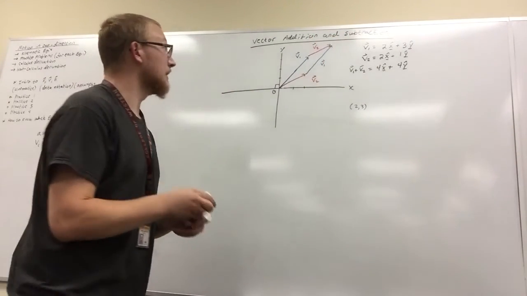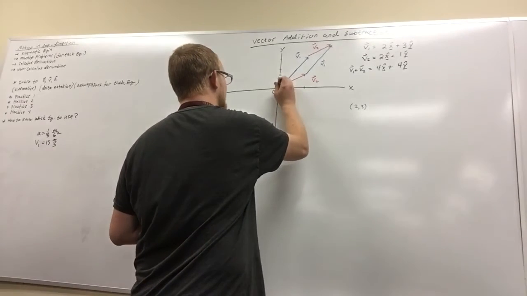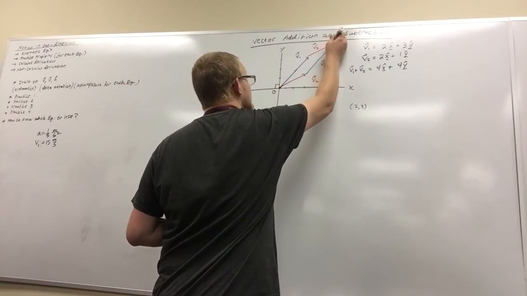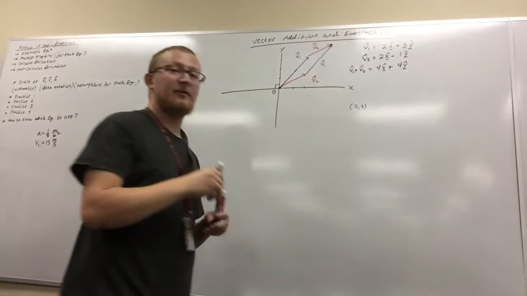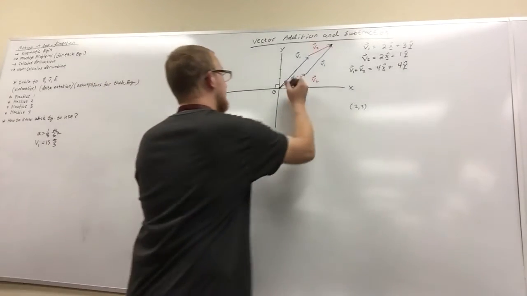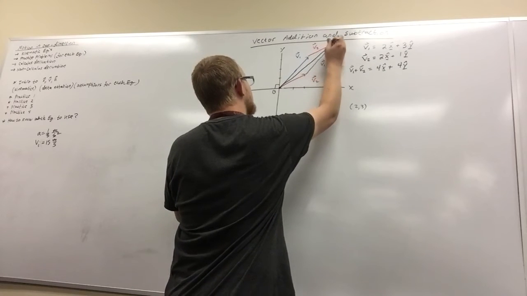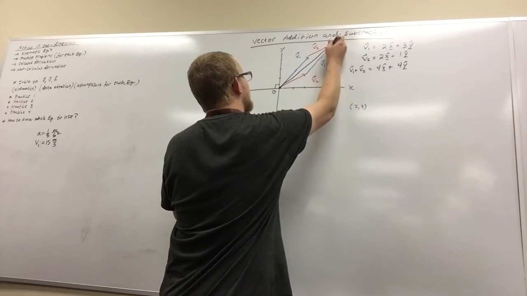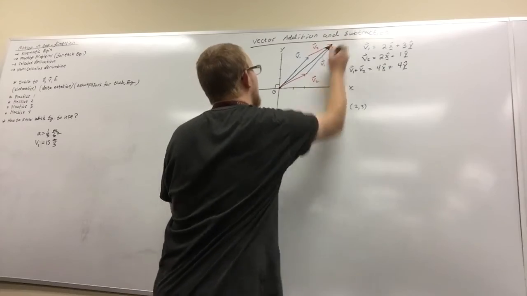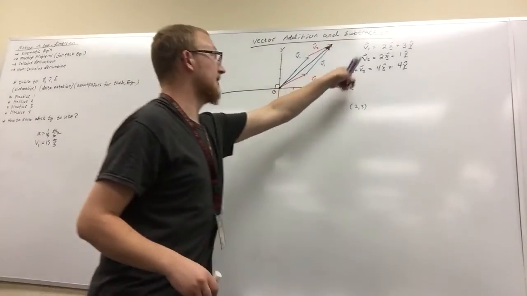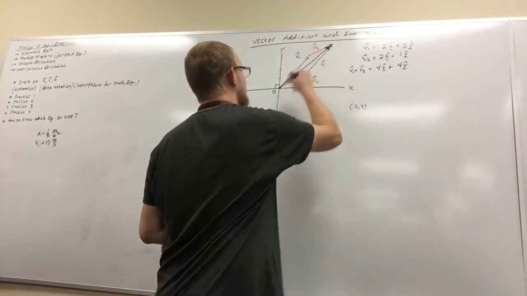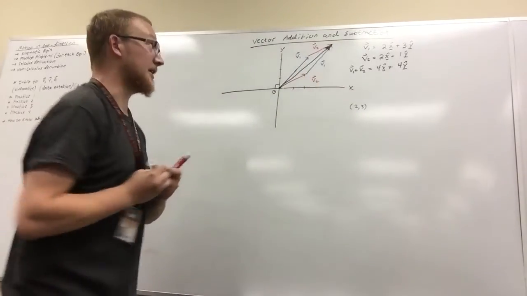And then what we're going to do is we're going to start from the point where their tails are starting together to the point where their tips end together, and that is representative of our new vector. I'm drawing it in black, and that vector is indeed vector 1 plus vector 2. So this black vector is vector 1 plus vector 2.